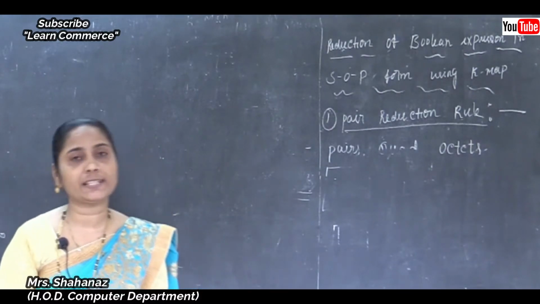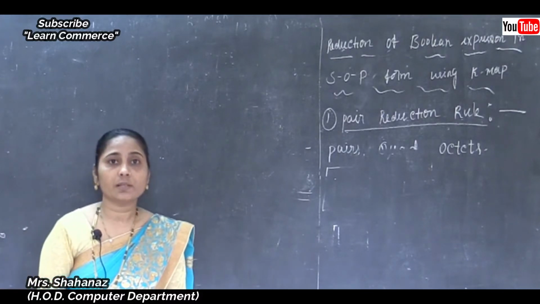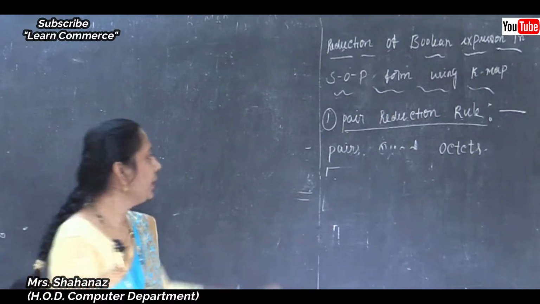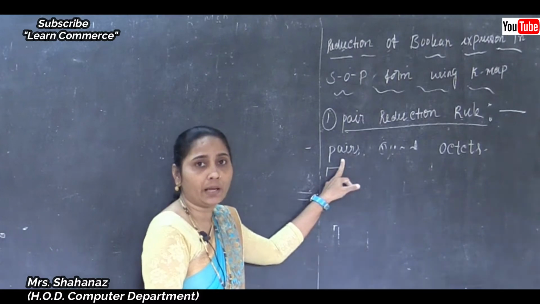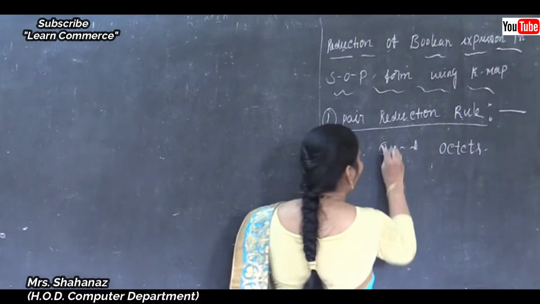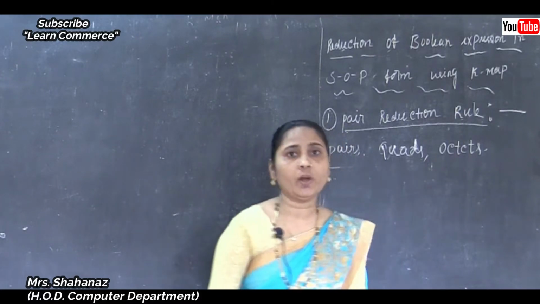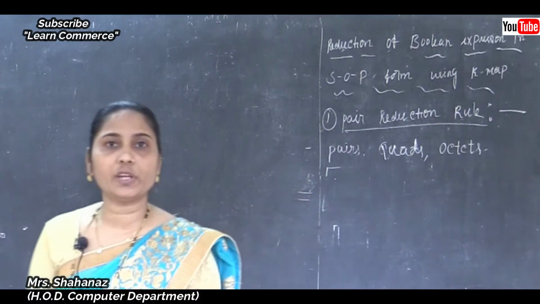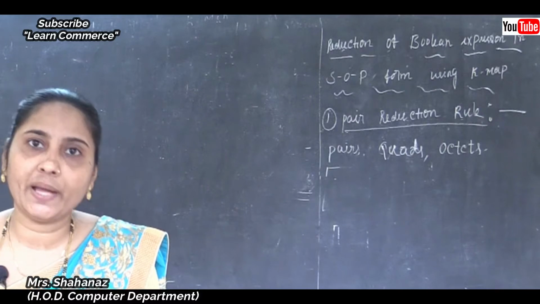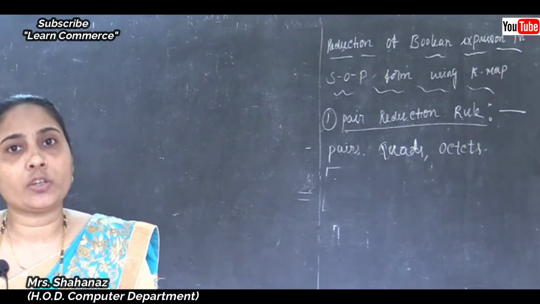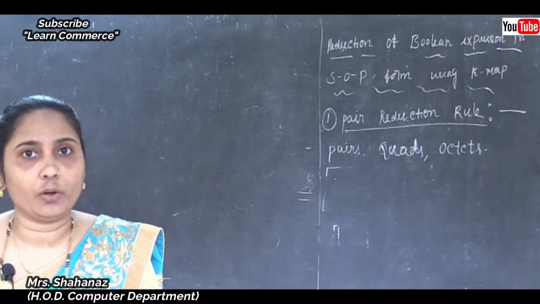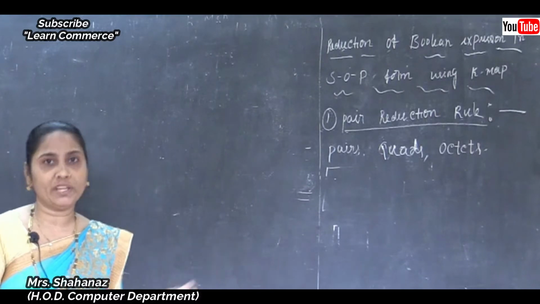For reducing the expression, first we need to mark pairs, P-A-I-R-S, quads, Q-U-A-D-S, and next octets. Now some confusion: what do you mean by pairs, quads and octets, and what are we going to take for each combination?